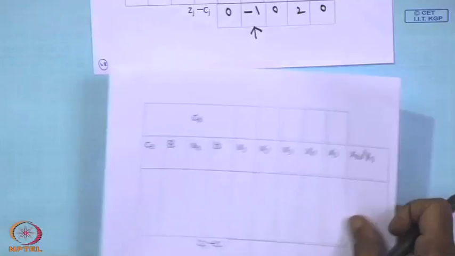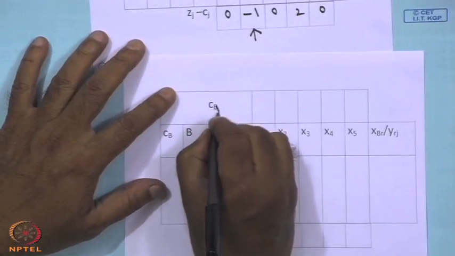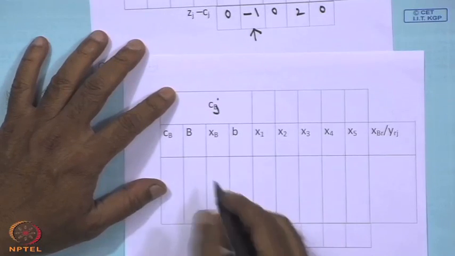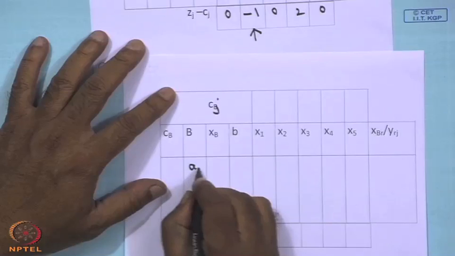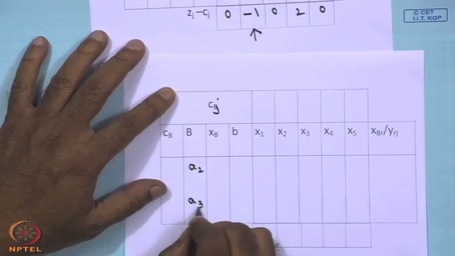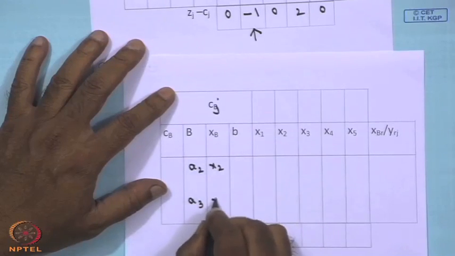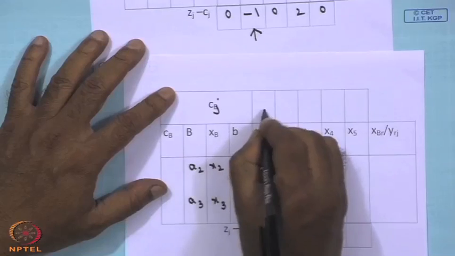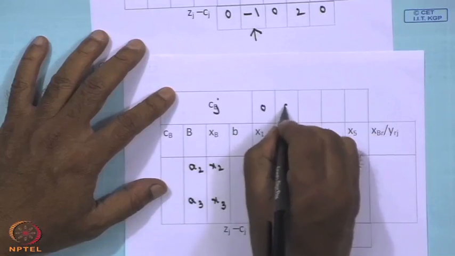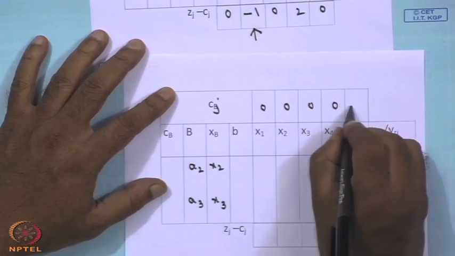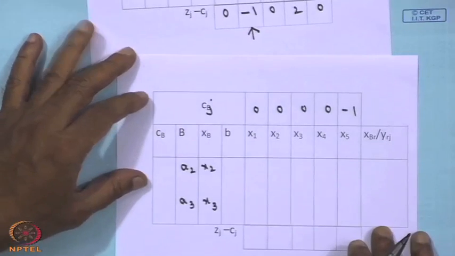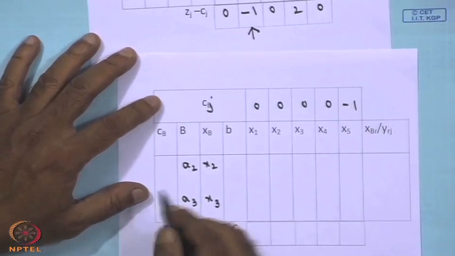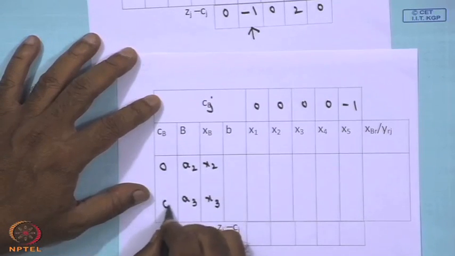Once we are forming the next table, this is again Cj. So, for the next table it will be x5 is out. So, x2 will come, that is x2 and x3, this will appear in the table. It is 0, 0, 0, 0 and minus 1. Corresponding Cb obviously it will be x2 and x3 is there. So, 0.